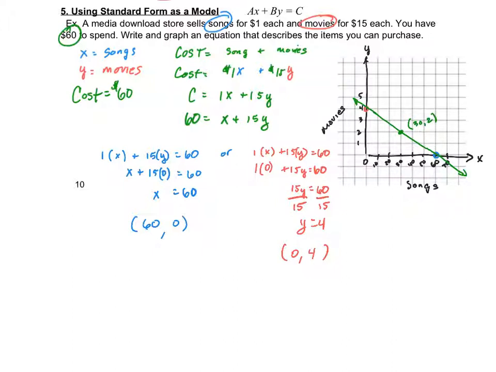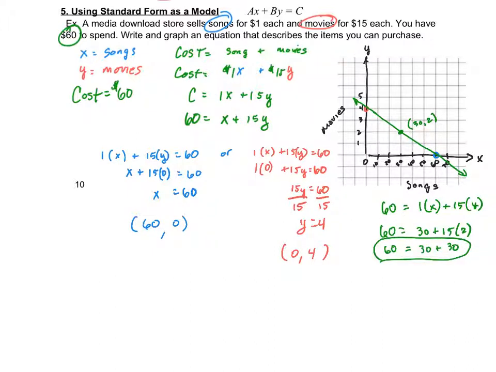If I look at my equation and say that my cost is going to be $60, and I use those values of 1 times x plus 15 times y, and do substitution there, I get 30 plus 15 times 2, so I get 30 plus 30. Sure enough, that point checks out: I have 60 equals 60. So there are different combinations here that I can graph and see.